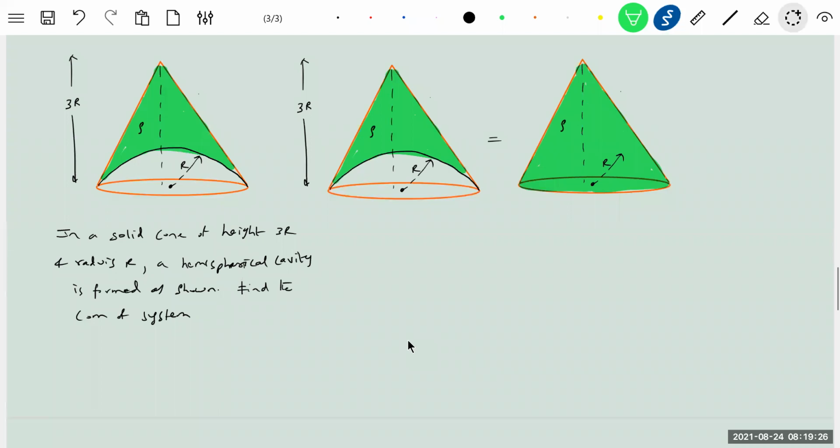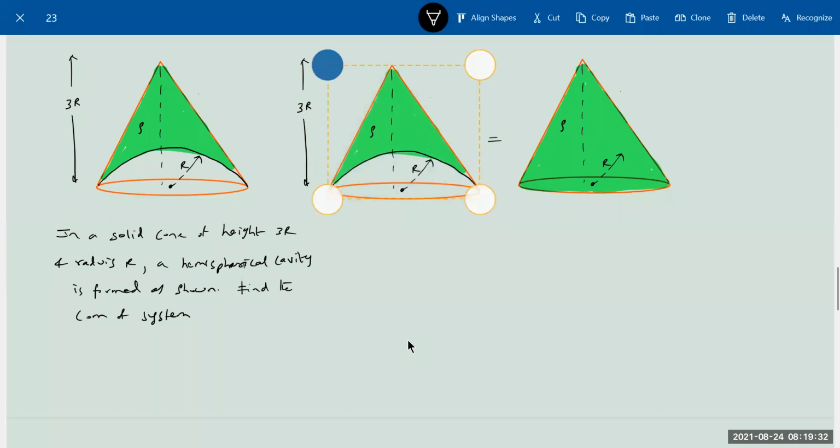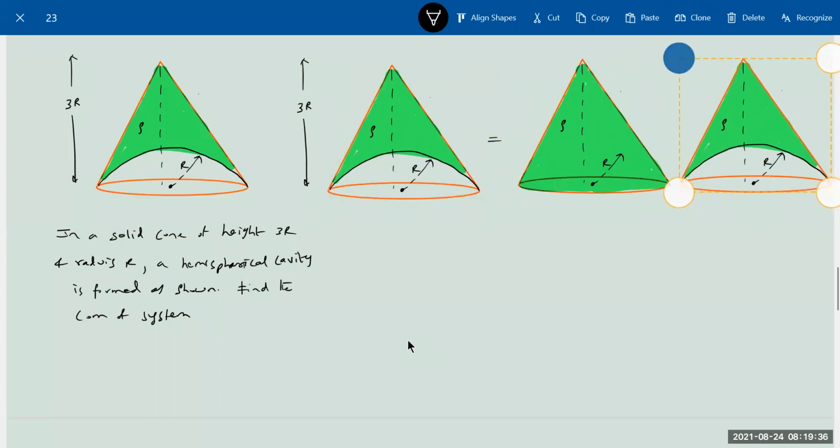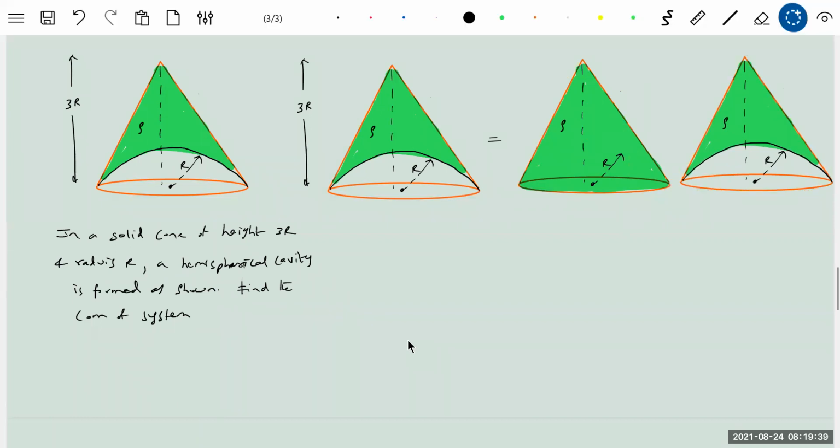So this is the, let me shade it here. When I put this negative density hemisphere in that solid cone, what do I expect?